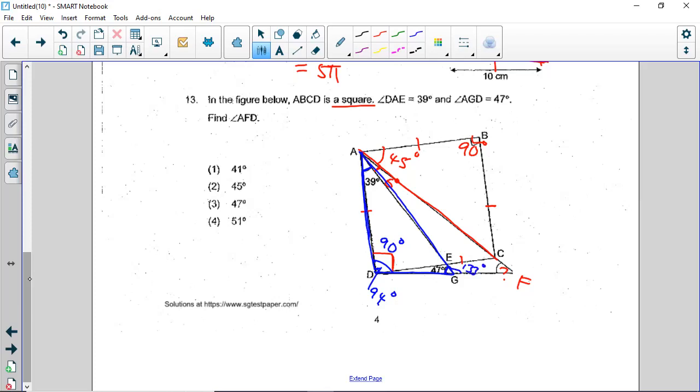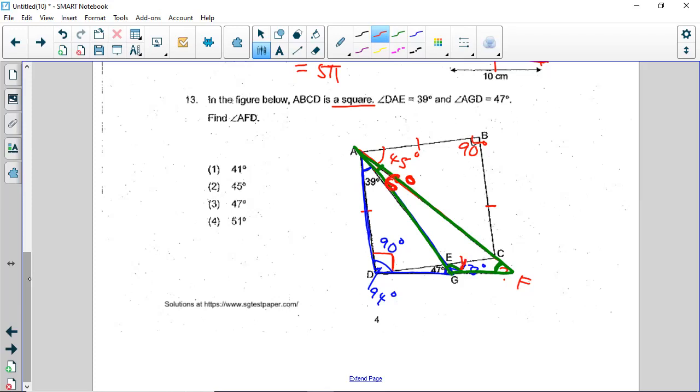And then do you see another big triangle? Let me show you another big triangle. This one, the green color. Look for other angles to find. Sooner or later, you will get the question mark. Can you see the green color angles add together is 180? So can I find the question mark? Yes, I can, because this angle is 6, right?